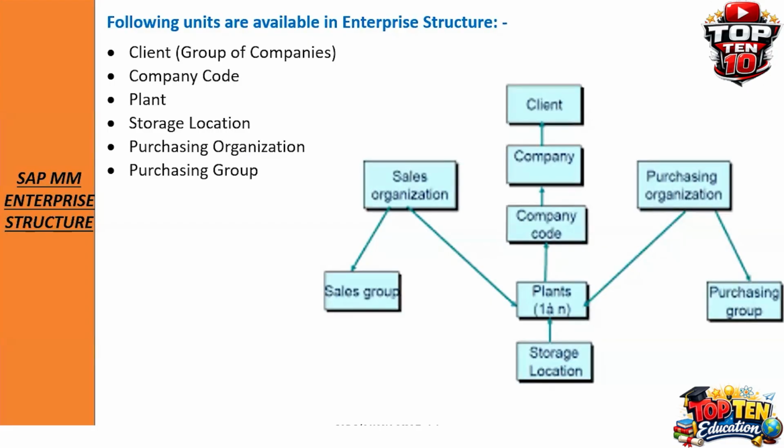In every department, such as purchasing as well as sales organization, there is always one group of people who are controlling the things there. In purchasing, this group is known as purchasing group, and in sales and distribution, this group is known as sales group. So there are mainly these entities we are going to create in the SAP HANA server.